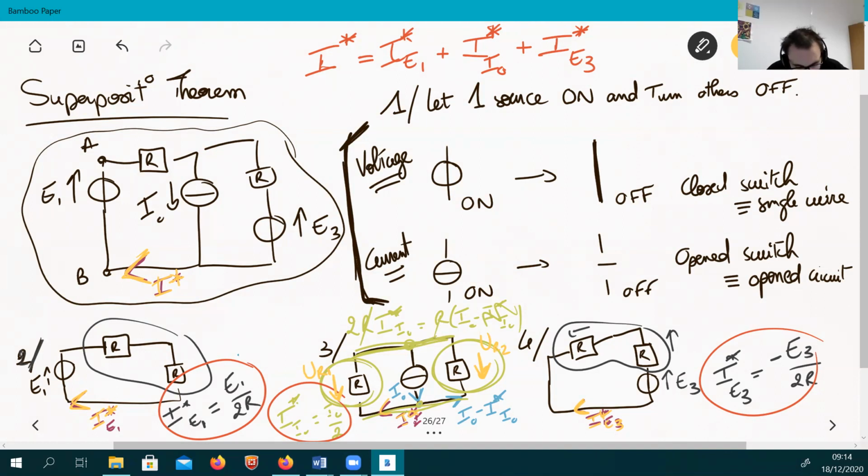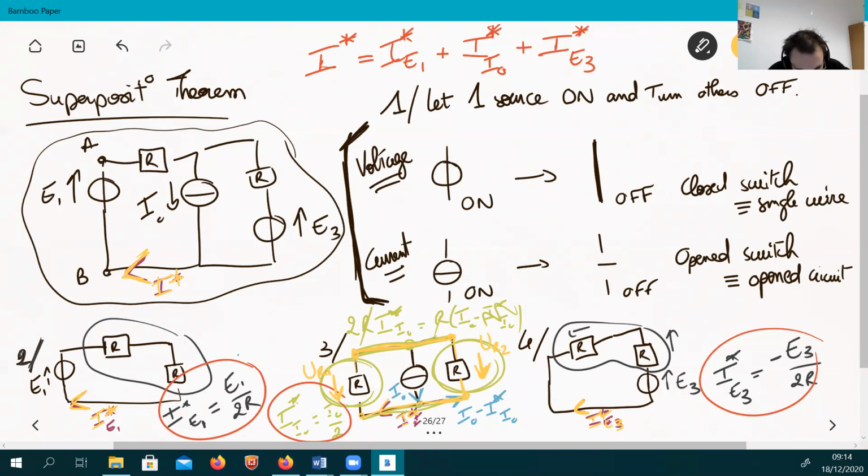Because the terminals of these two resistors are linked, UR1 equals UR2. And even if you don't see that, you can apply the mesh law on the surrounding mesh, and you also get the result UR1 equals UR2.